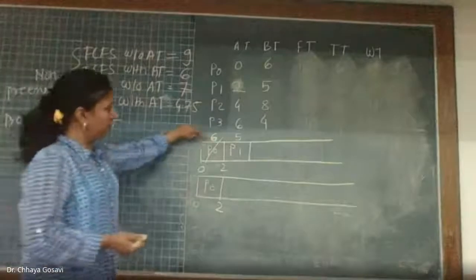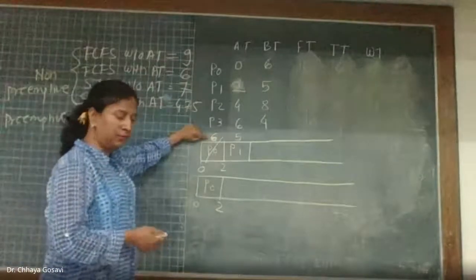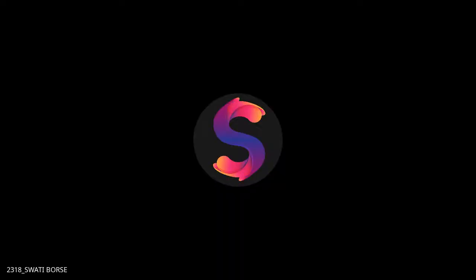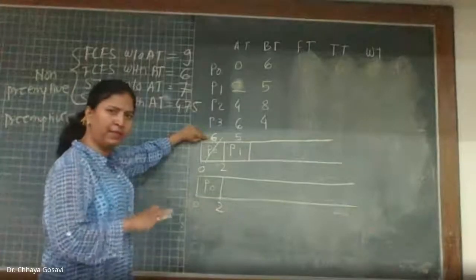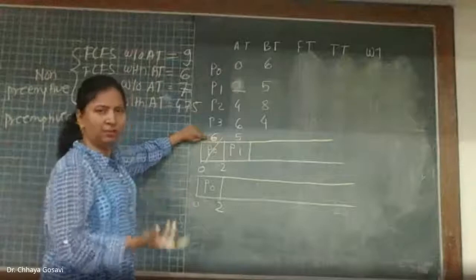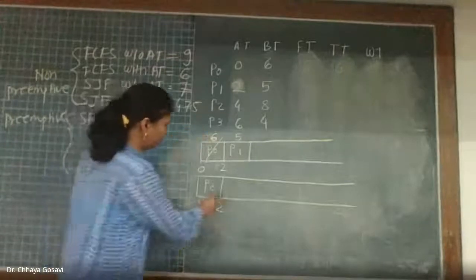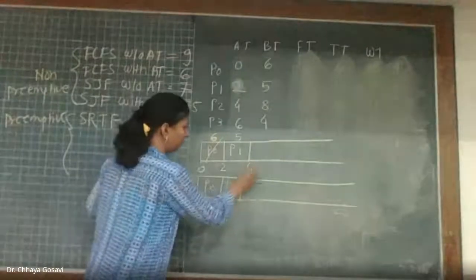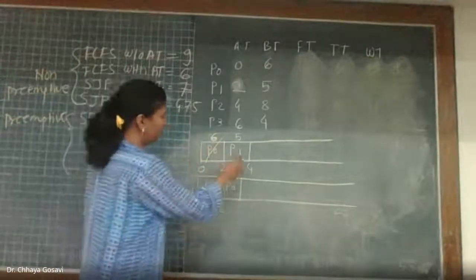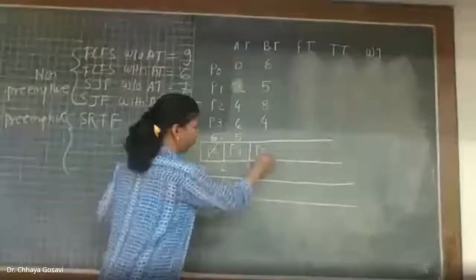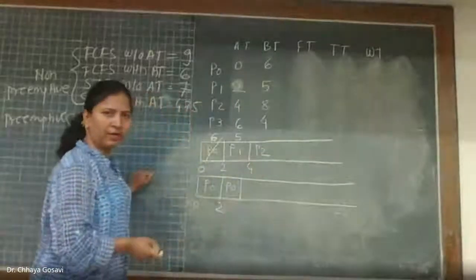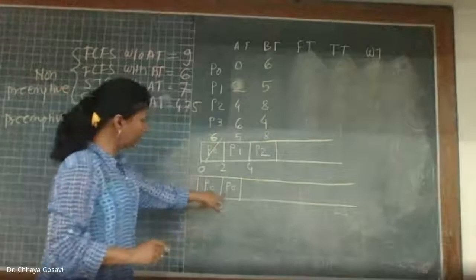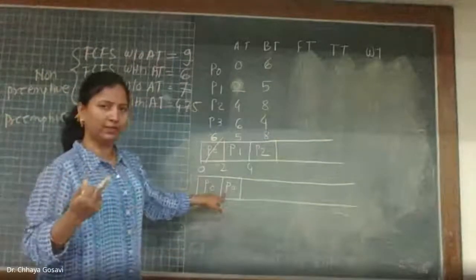But what is the remaining time of P0? 4. So P0's remaining time is less than the newly arrived process. So P0 will continue. Now at 4, P2 arrived with burst time 8. And the remaining time of P0 is again 2 cycles.